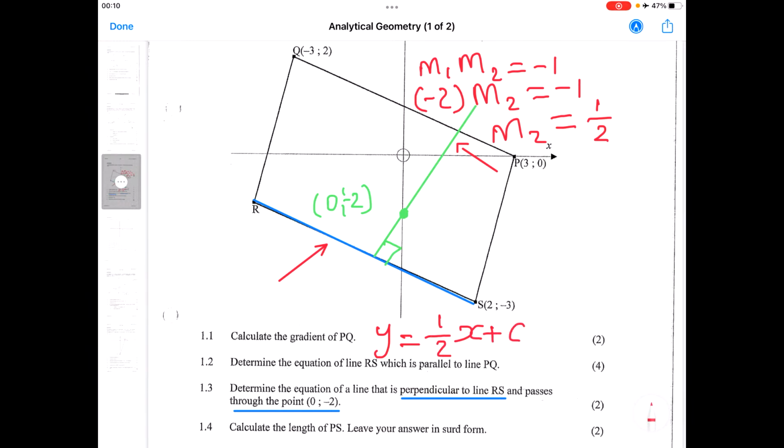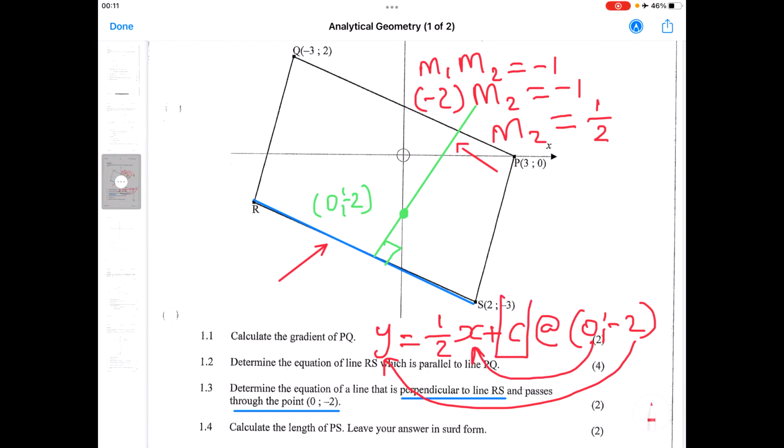Now you need a point, which is that point that they gave you, because they knew you are going to need that point to calculate or determine an equation. So can you see, you now take that y value, you plug it there, you take that, you plug it there, so that you can calculate the c value.